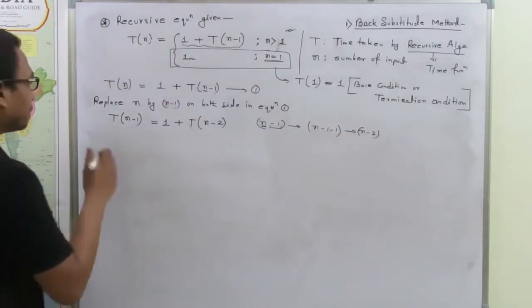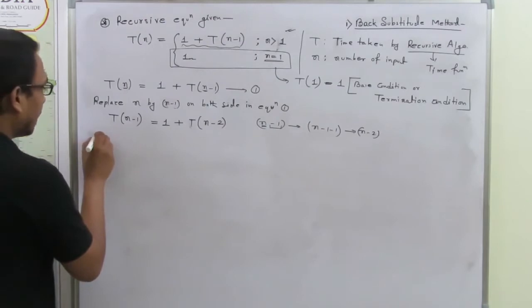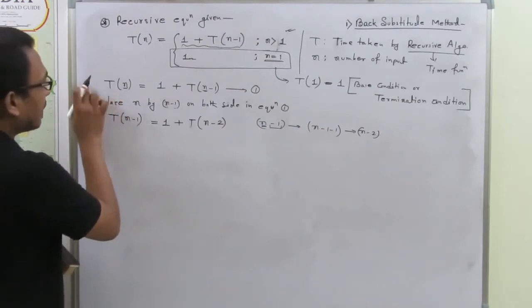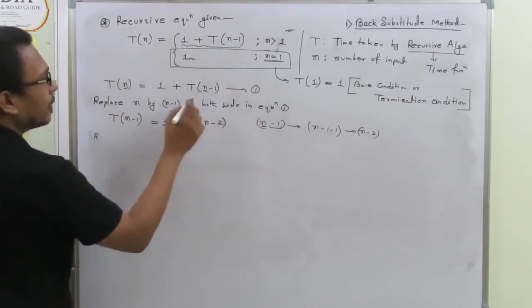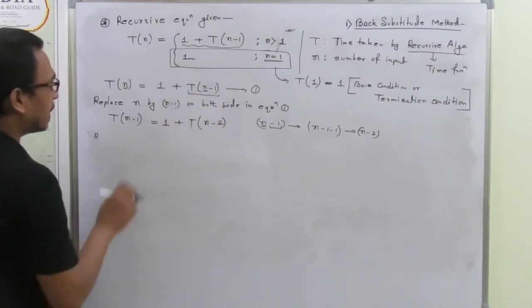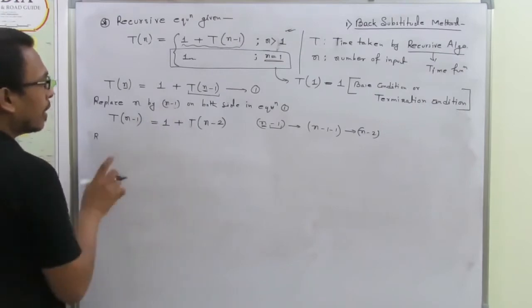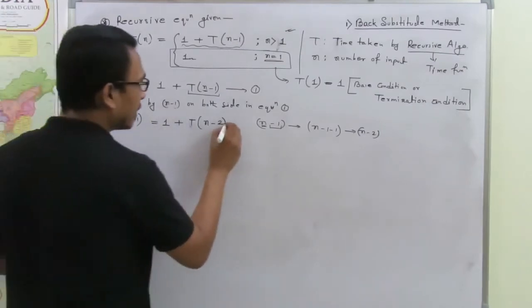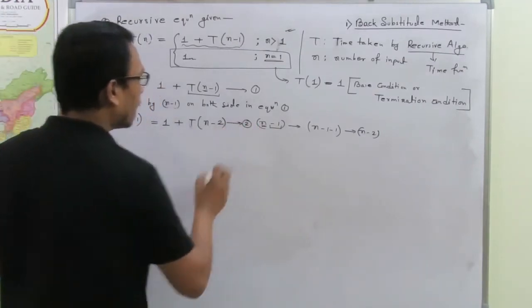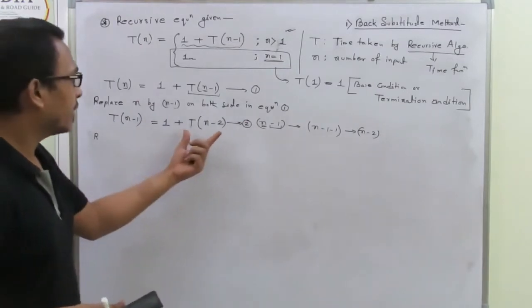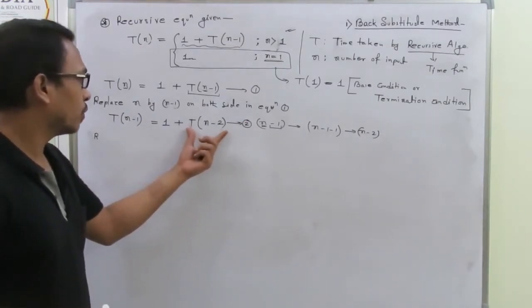Now again replace. Look, in equation 1 we have t of n minus 1, that's why we replaced n by n minus 1. Now this particular equation we will call equation 2. In equation 2 we get t of n minus 2. So what we will do?